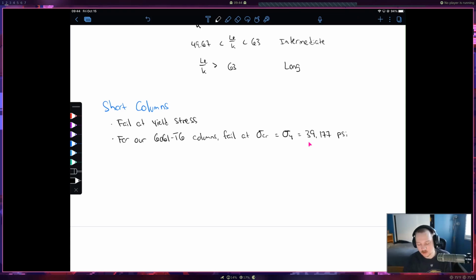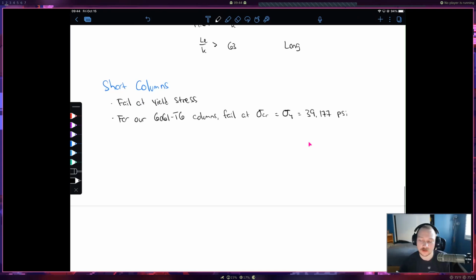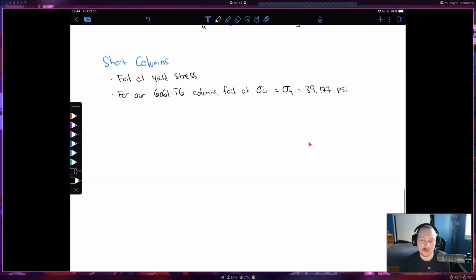And then we have the intermediate columns. For intermediate columns, there is no theoretical equation that has been derived, but there are empirical equations made from the manufacturer.